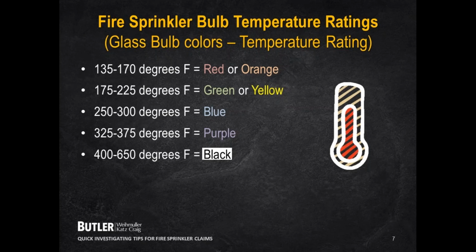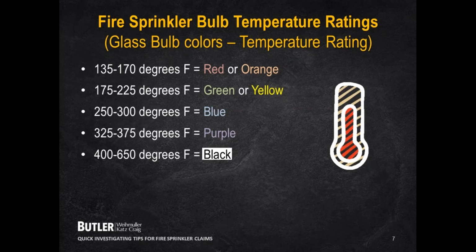The glass bulb applies the pressure to a pipe cap, and it acts as a plug, and it prevents the water from flowing until the ambient temperature around the sprinkler reaches the design activation temperature, and then the bulb breaks as a result of the thermal expansion inside.